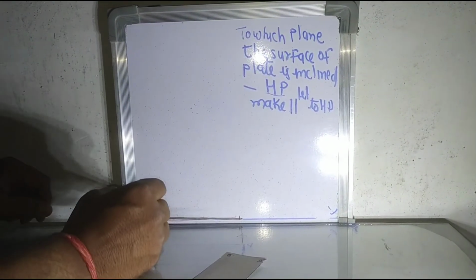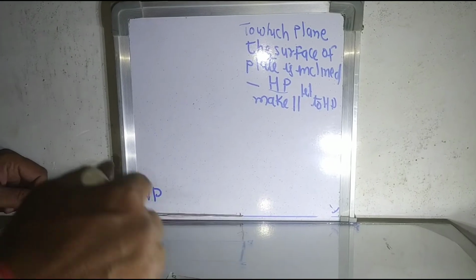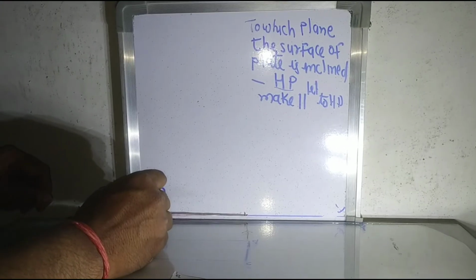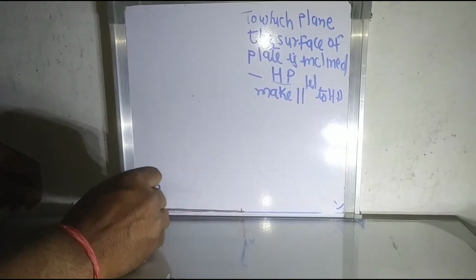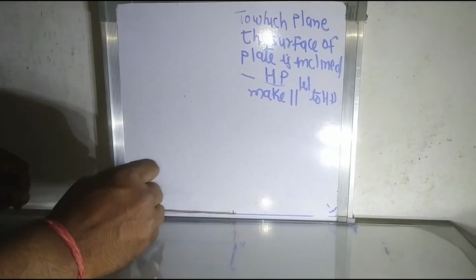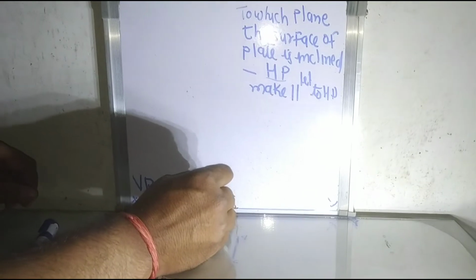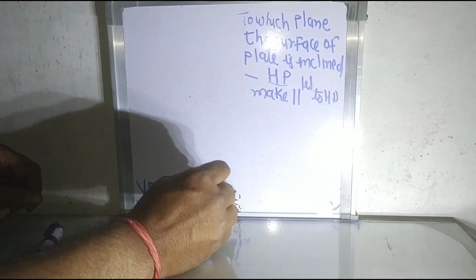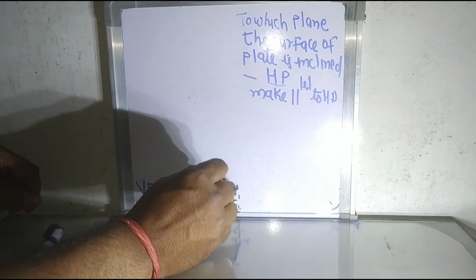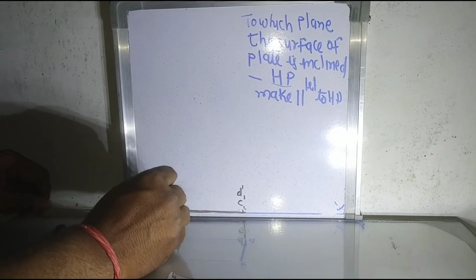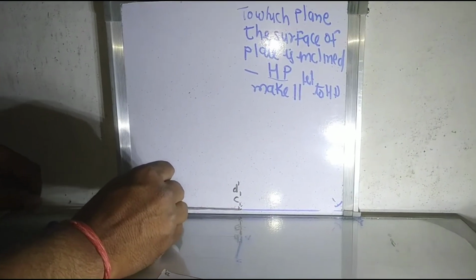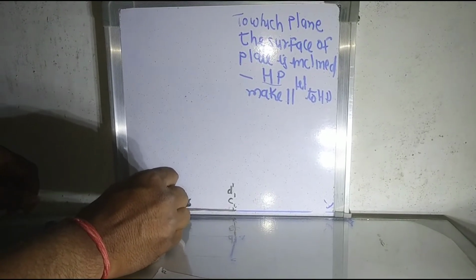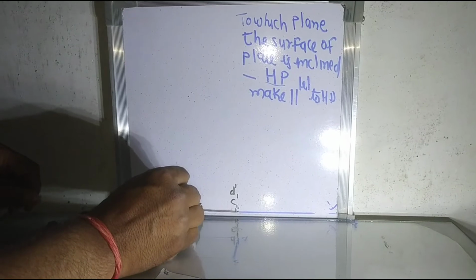I will now write the names. Here are the points A1 dash, B1 dash, C1 dash and D1 dash. This is not a line, it is the surface of the plate.